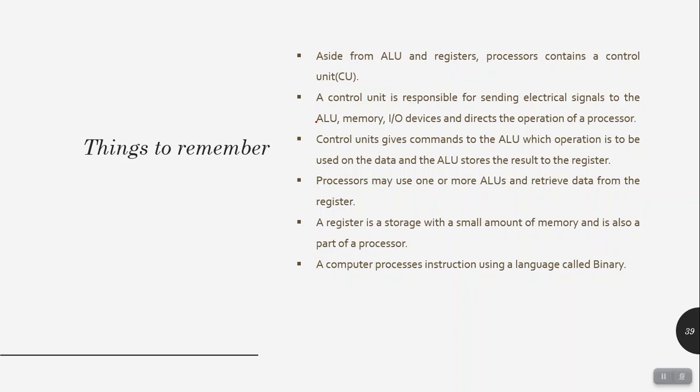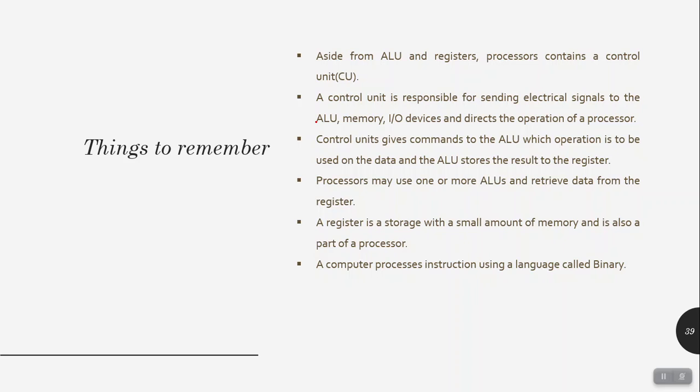The control unit gives commands to the ALU on which operations to use on the data, and the ALU stores the result in the register. Processors may use one or more ALUs and retrieve data from the register. A register is a storage with a small amount of memory, and it is also a part of the processor. So it resides in our processor.